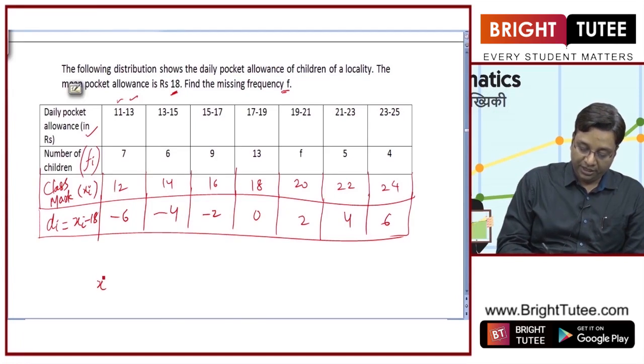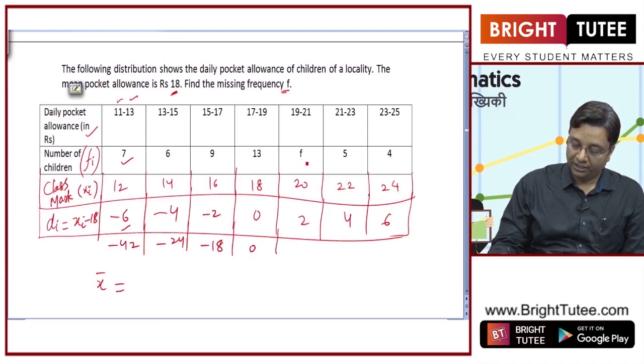Now to calculate mean I need fi di, which is minus 42, minus 24, minus 18, 0, and here 2 into f, so 2f, and we need to find this f, right?